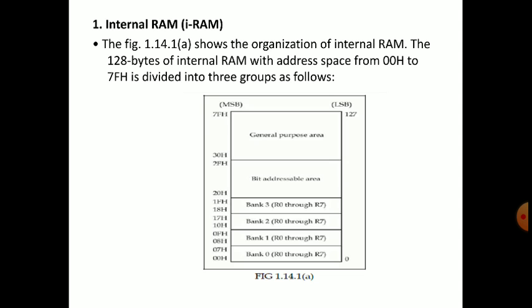Now see the internal RAM, or simply we call it IRAM. Figure shows the organization of internal RAM. The 128 bytes of internal RAM with address space from 00H to 7FH is divided into 3 groups.